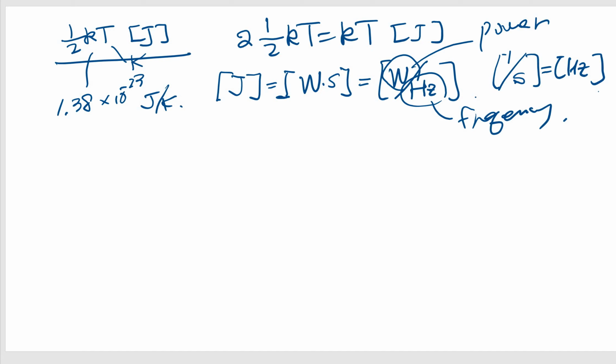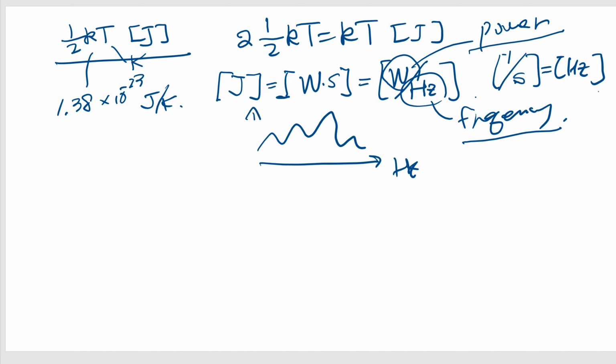A system having some power over a range of frequencies has its power distributed, but for 1 hertz, on average, it's some joules of power per hertz.